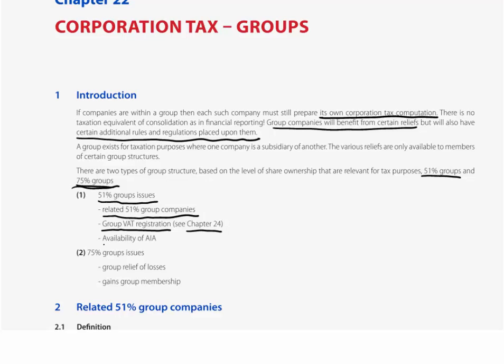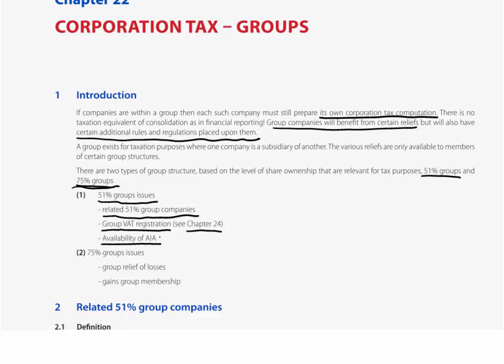Another issue, the availability for capital allowances of AIA. We know that AIA is set, at least for our examination, at a standard level of £500,000. However, that level of £500,000 will now have to be split amongst the related 51% group companies there.